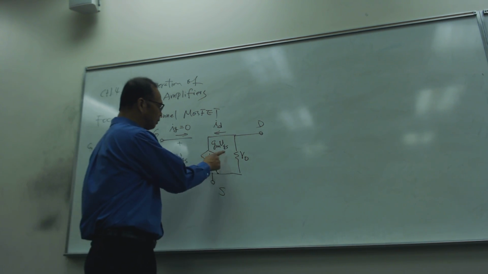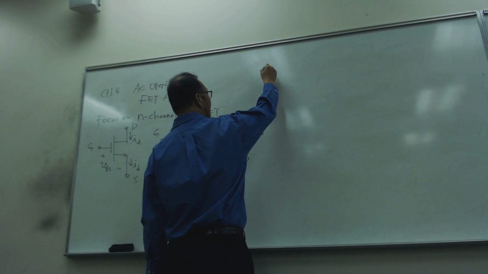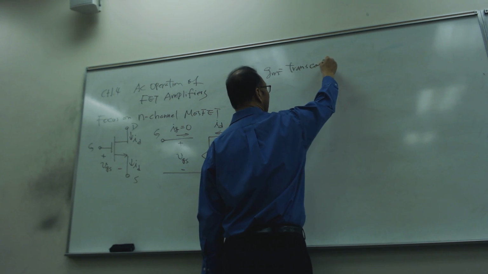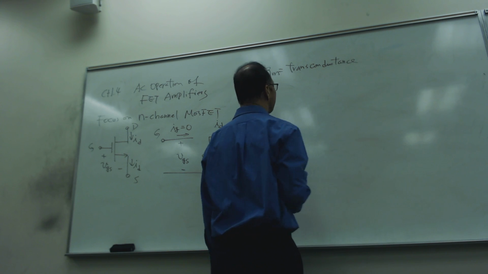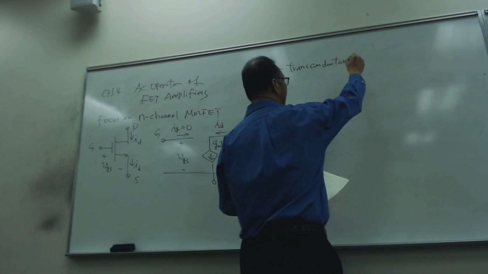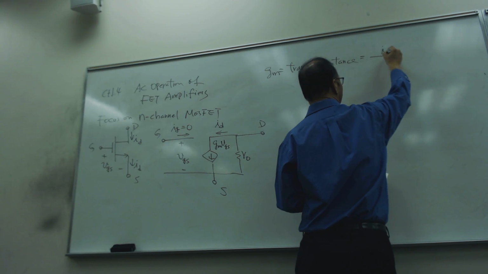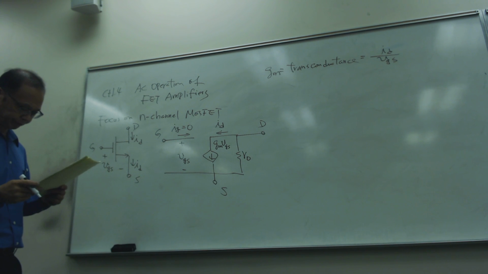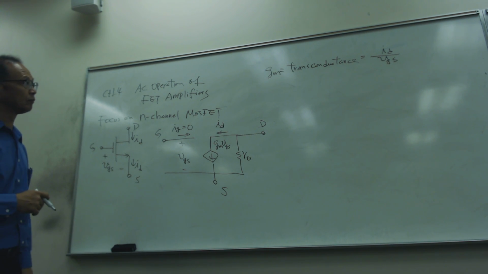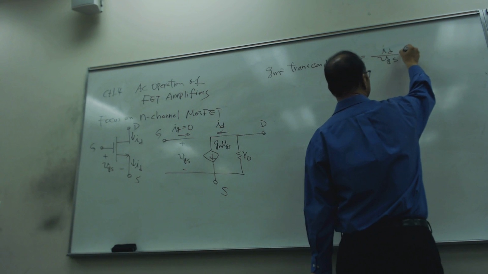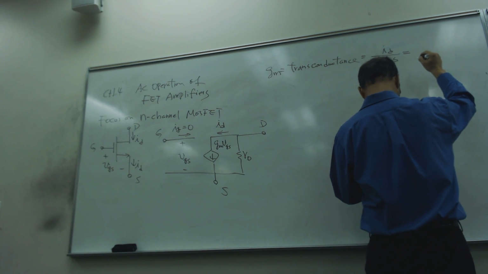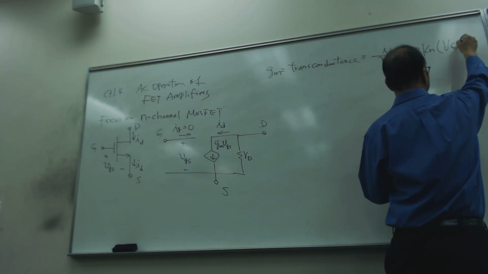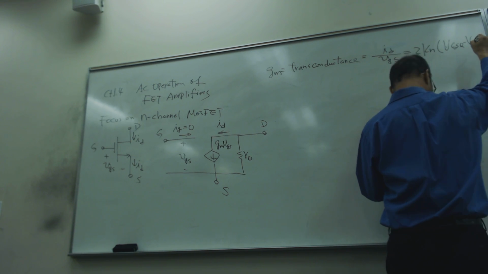There are two parameters I have to specify. g_m is called transconductance, and it is i_d over v_gs by definition, and is equal to 2 K_n times (V_GSQ minus V_TN).